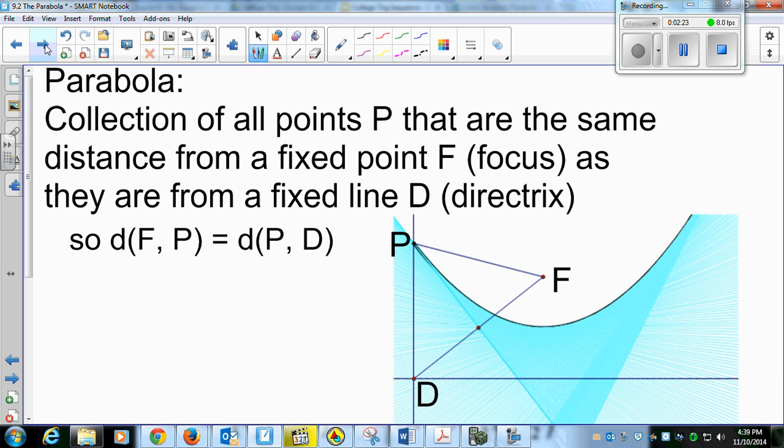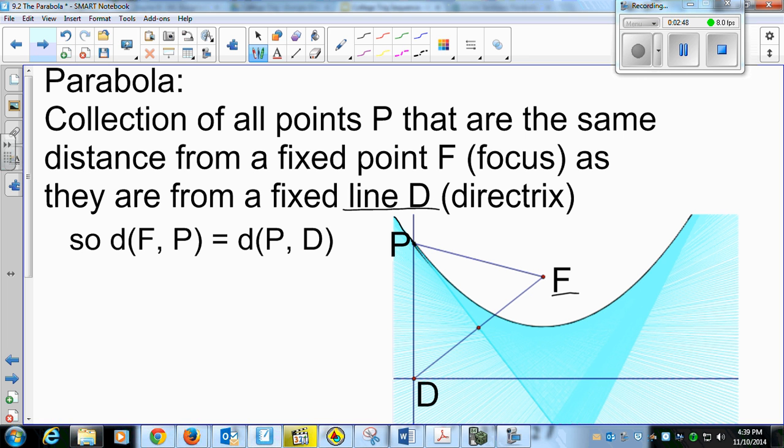So here with a geometric approach, we're going to have a different definition of a parabola. It's the collection of all points P. Notice P is traveling here. It's a collection of all points P that are the same distance from a fixed point F as they are from a fixed line D, a directrix.